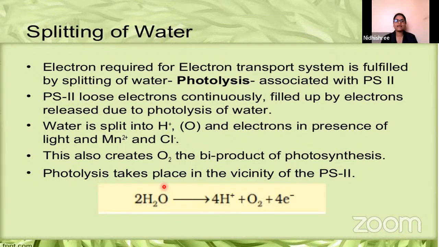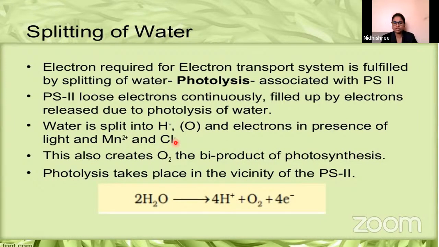So electrons required for the electron transport system are fulfilled by splitting of water. That process is called photolysis. Here water is split into H plus and electrons in the presence of light, Mn2 plus and Cl minus. You have to remember this: in the presence of light, manganese 2 plus and Cl minus, the photolysis of water takes place.